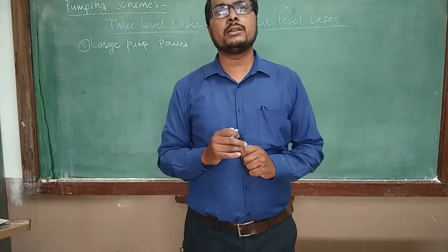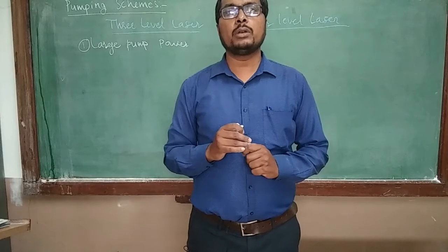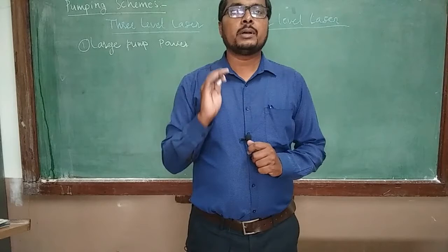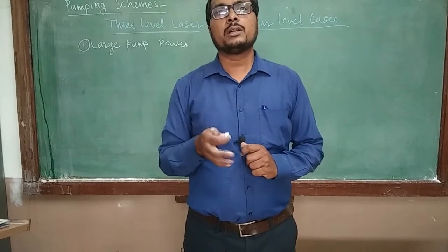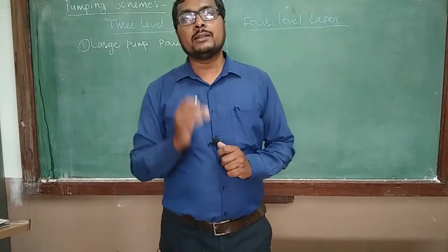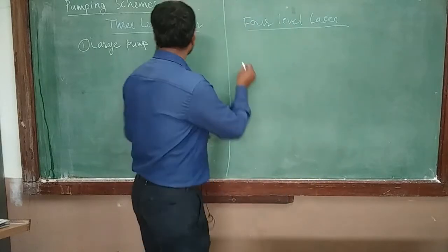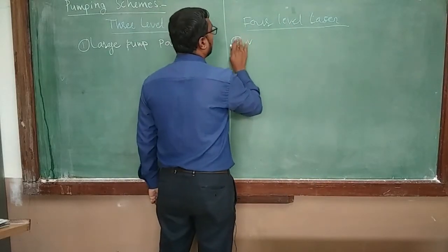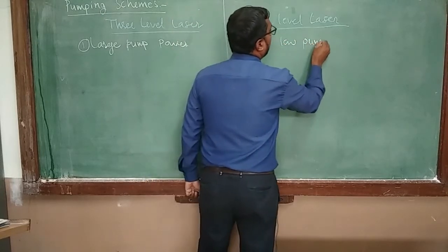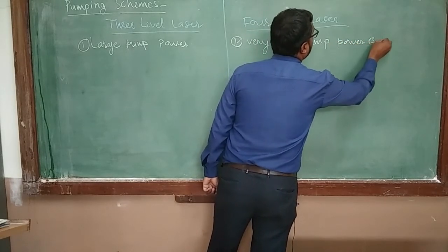Because the population inversion will be created between level E3 and E2, and whatever atoms come to level E3 from level E4 are immediately available, because population inversion will be created with very few atoms, and therefore the 4-level laser requires very low pump power.